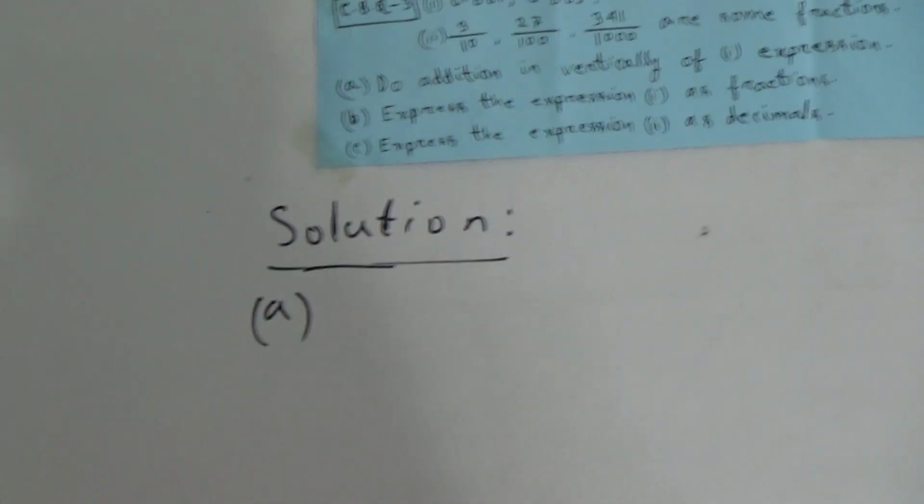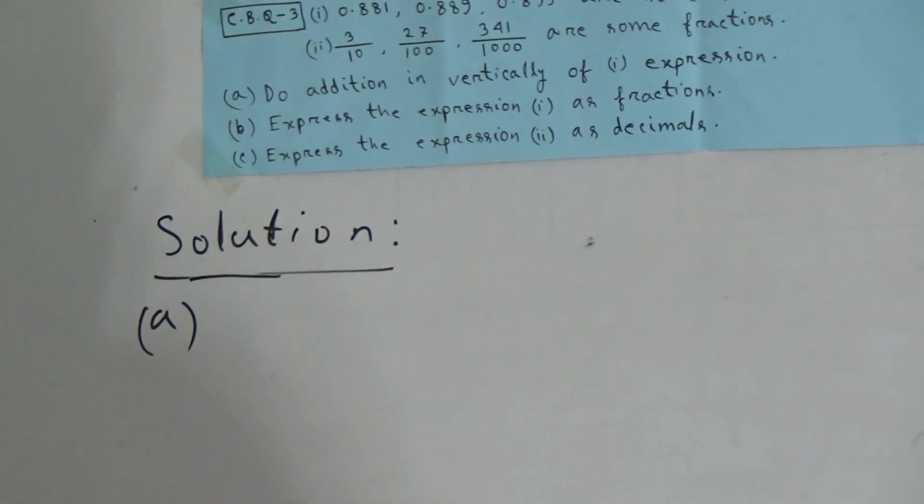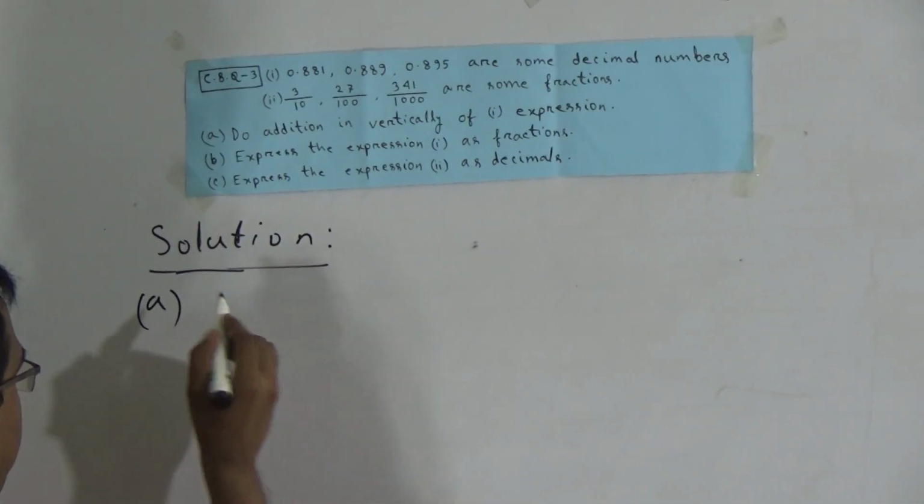Here some numbers are given and we have to add the numbers, and the numbers are given in decimal form.